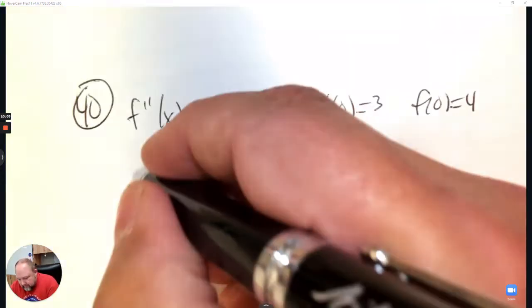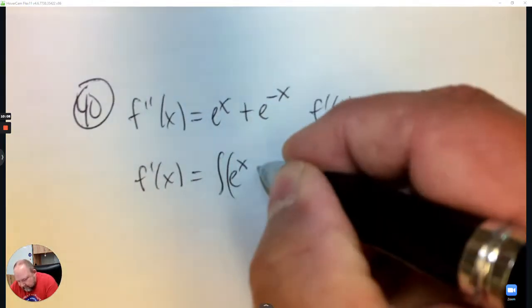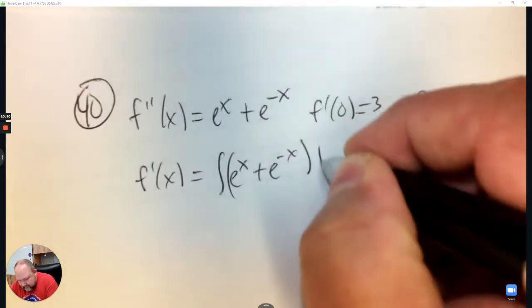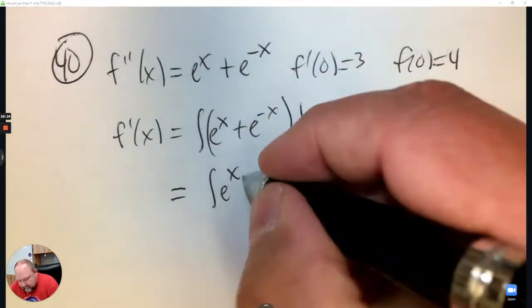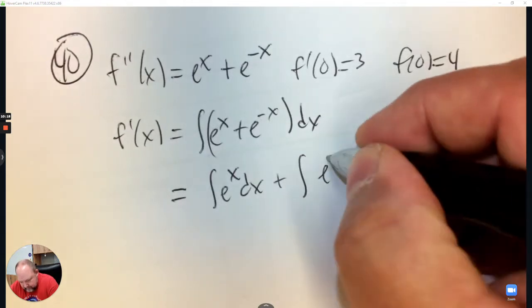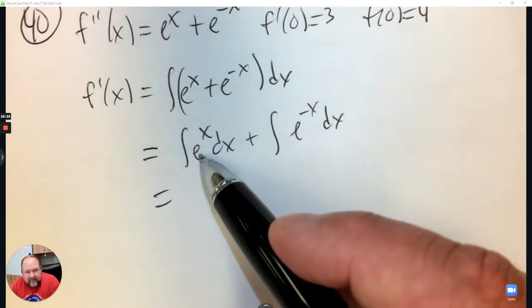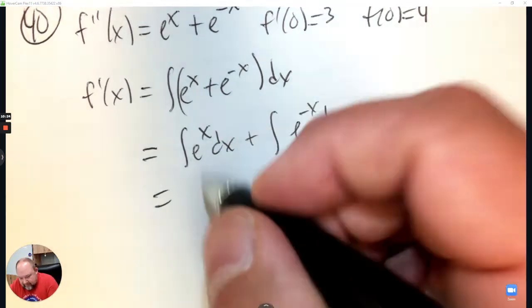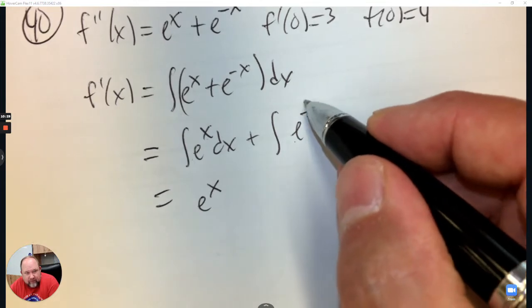We're going to integrate e to the x and e to the negative x. It might be easier to separate this, and then we'll put it together at the end. The antiderivative of e to the x is simple, let's just copy it. Here, it's e to the negative x, but we have a hook.